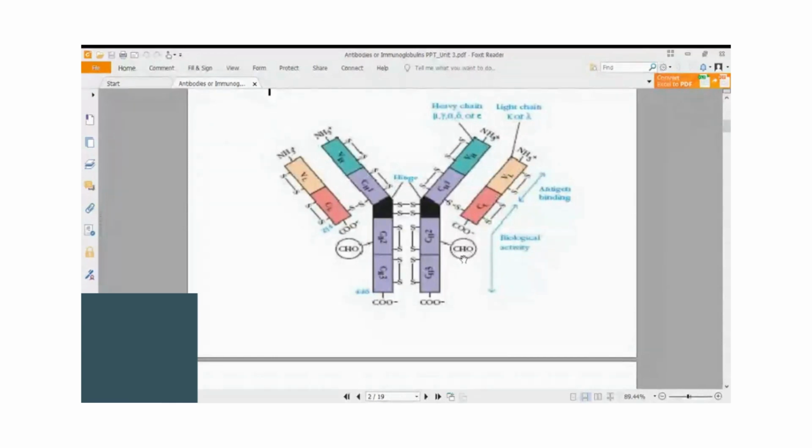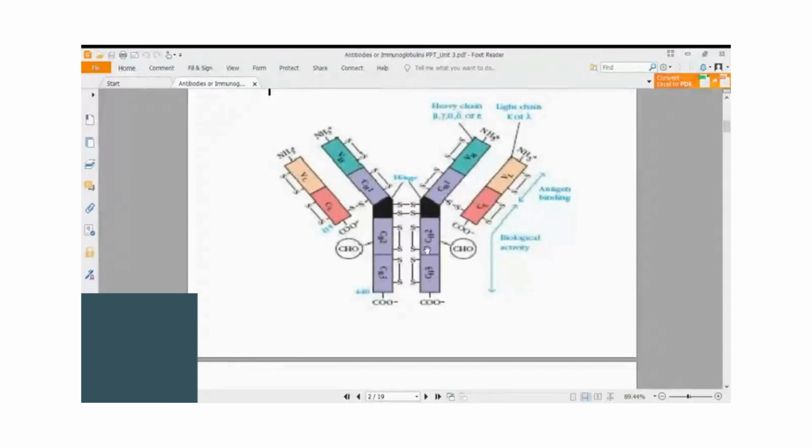Whereas the heavy chain, I already told you, has the constant region which is labeled here as CH1, CH2, CH3. They are the domains. Constant region of the heavy chain 1, constant region heavy chain 2, constant region heavy chain 3. These three domains are the typical structure of an antibody.